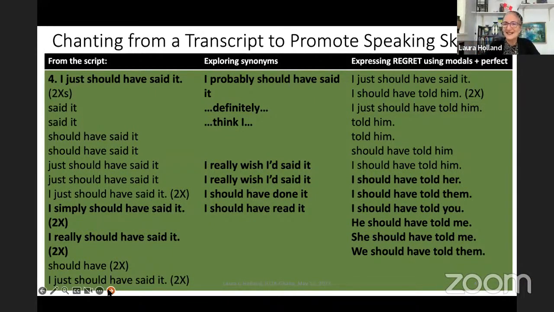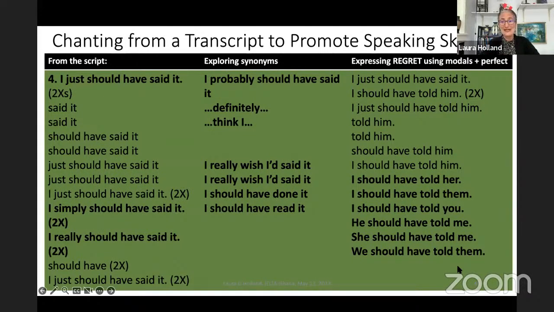And then here are some extras over here. So I go back to that again. I should have told her. I should have told them. I should have told you. He should have told me. She should have told me. We should have told them. Okay, so substituting pronouns, and they can see how that changes the message, changes the meaning.